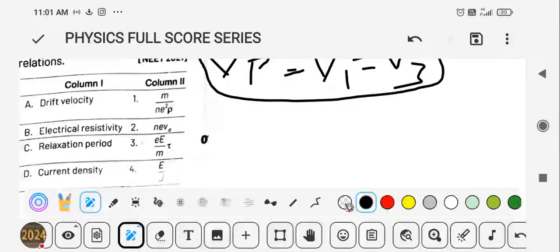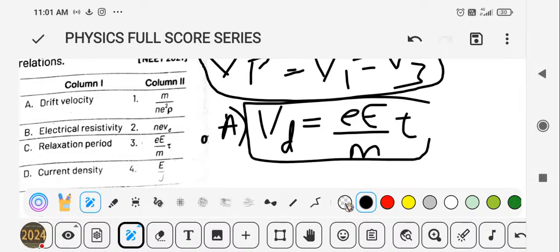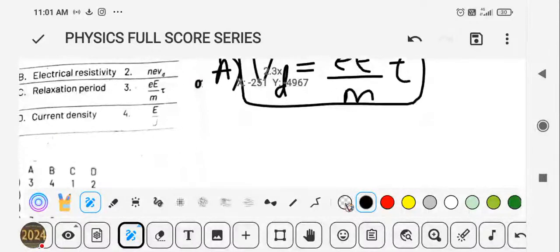We all know drift velocity, so first I will solve drift velocity. Vd is equal to charge into electric field by mass into tau. E tau by m is the formula for the drift velocity. And second comes the electrical resistivity.